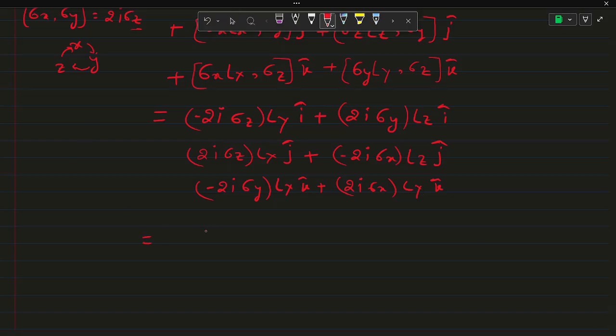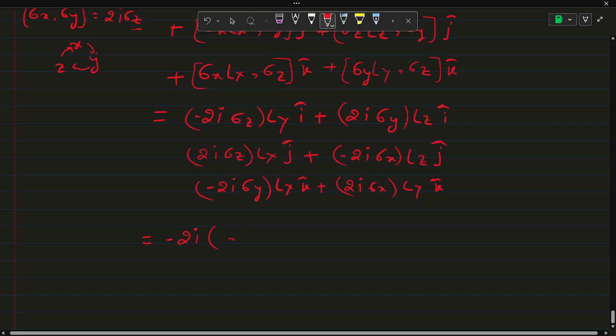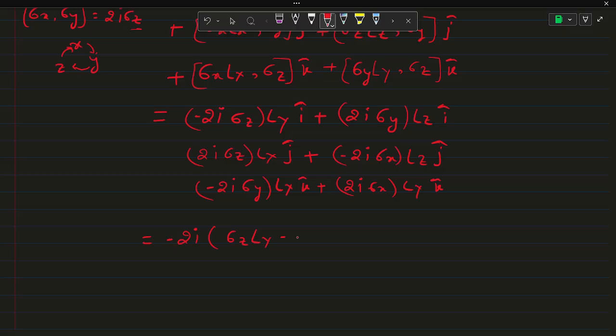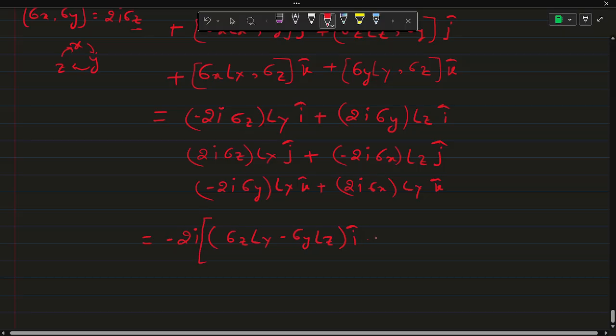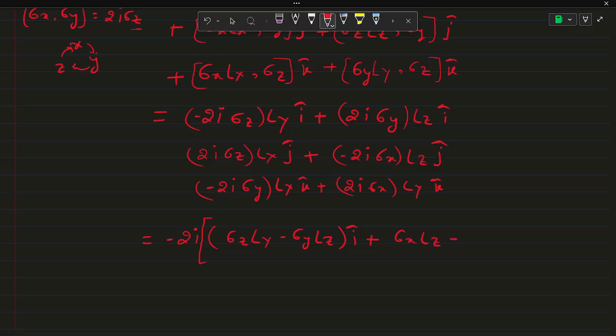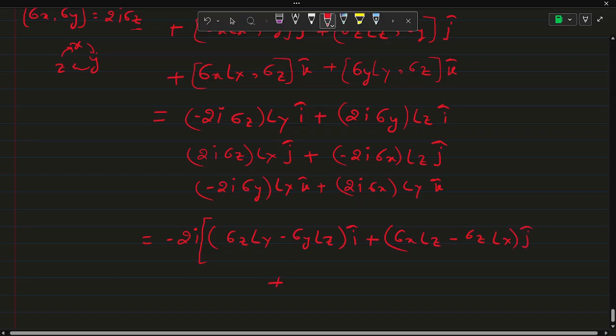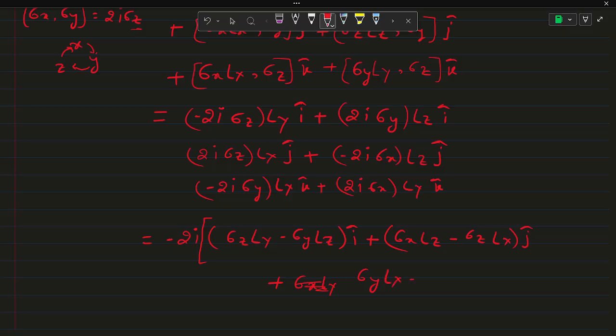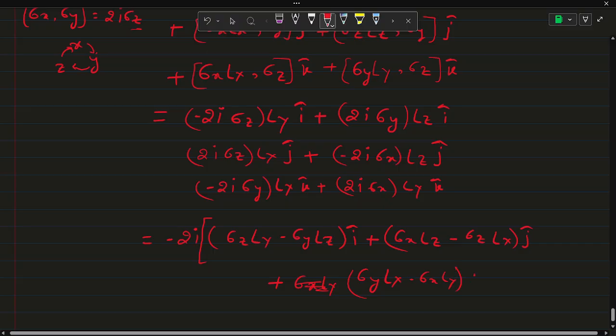Now we can write it as, let's take minus 2i outside, and it will be (sigma z Ly minus sigma y Lz) i cap plus (sigma x Lz minus sigma z Lx) j cap plus (sigma y Lx minus sigma x Ly) k cap.